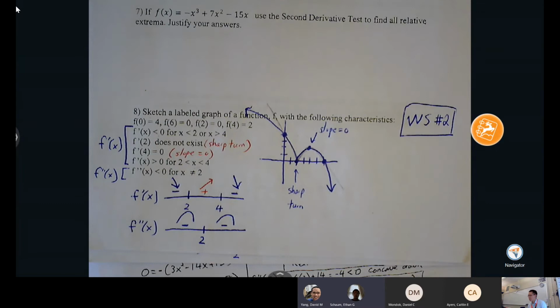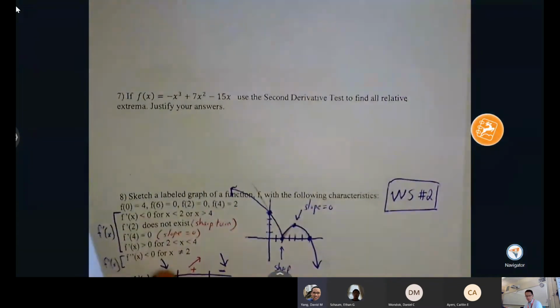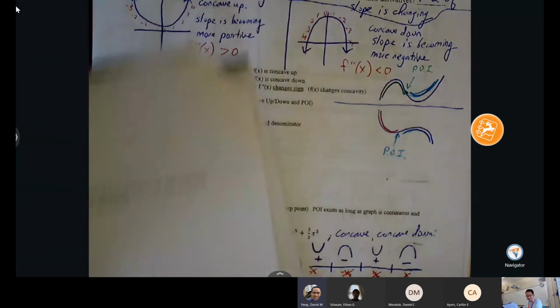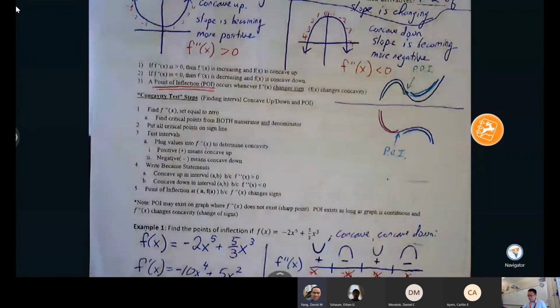Can we do a sketching the graph one? Yeah. This is from the textbook, number 54.